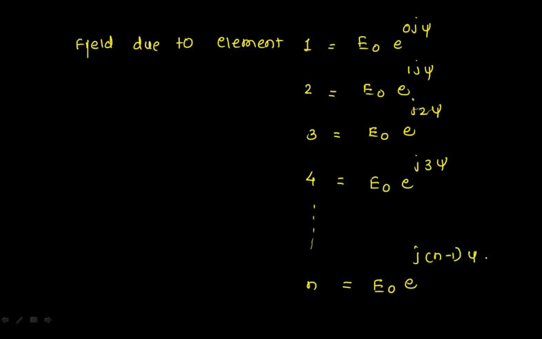Now, if I want to know the total field, I need to add all these fields produced by each and every element. So by using the superposition theorem, my total field E is equal to the field produced by element 1, E0 e raised to 0 j psi, plus E1 e raised to j 1 psi, plus E2 e raised to j 2 psi, plus up to the n-th element.